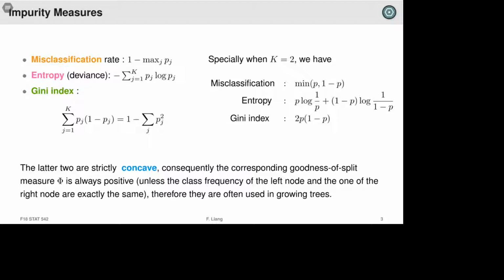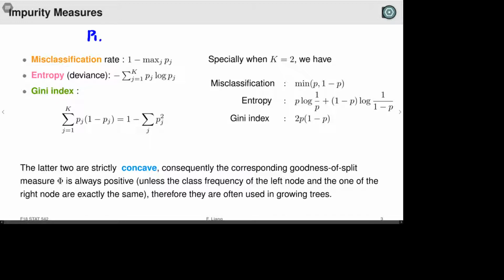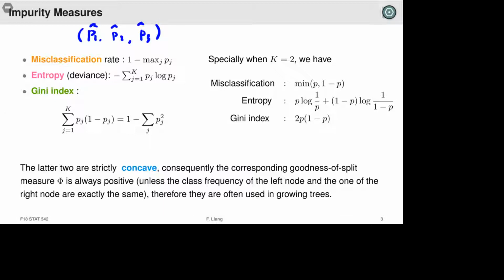One is the misclassification rate. So if we do majority voting, what is the misclassification rate? If you have 3 classes, and you calculate the observed frequency of the 3 classes at this node, and suppose class 3 is the most frequent one, so you're going to predict everything to be from class 3.